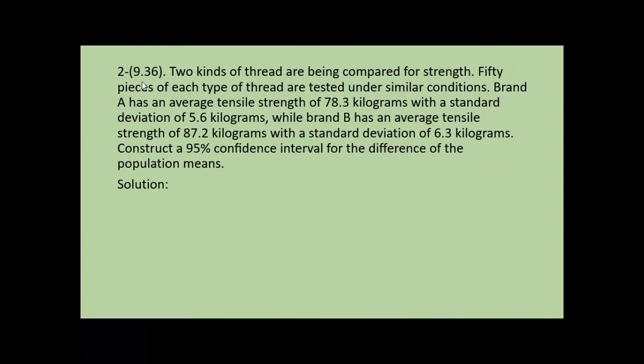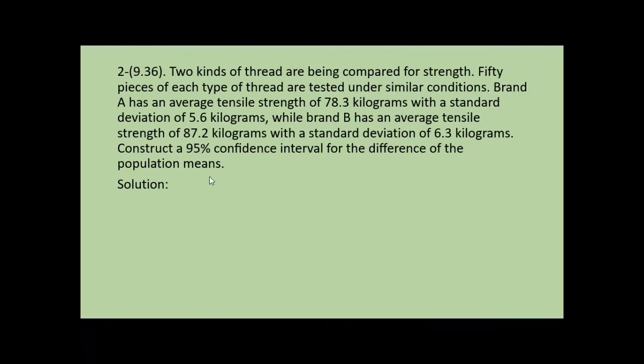Again, read and identify the case. There are only three cases we have seen: either the two variances are not equal and unknown, they are equal and unknown, or they are known. We will check.